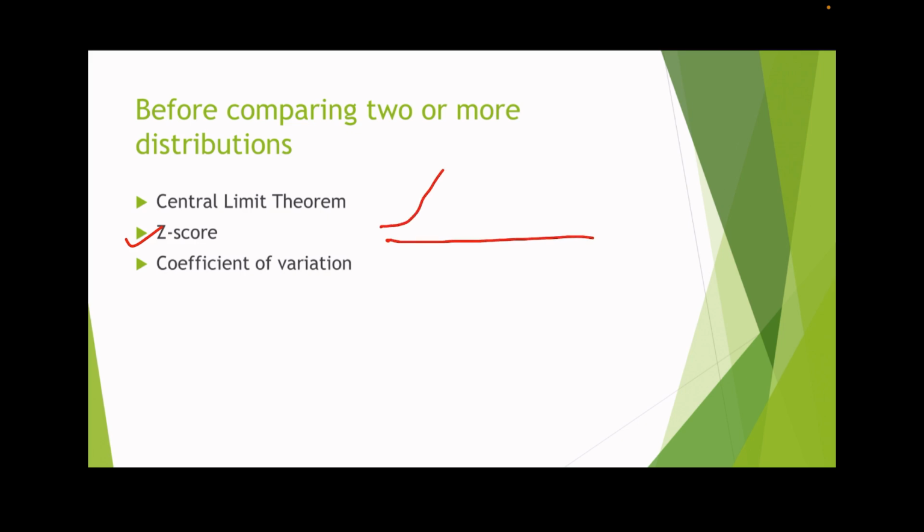So we know that this is the bell curve, this is the mean. Z-score tells us how many standard deviations away is my own data point.